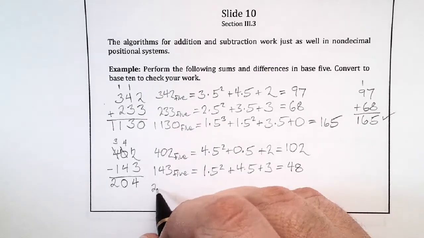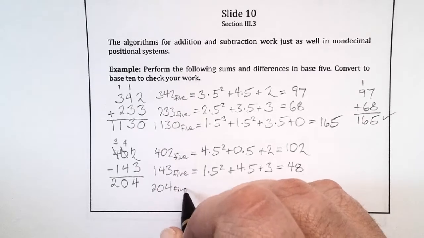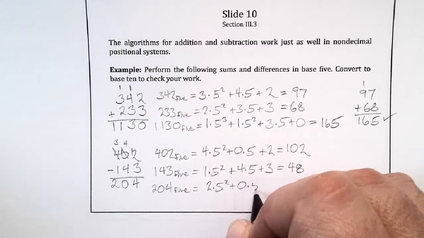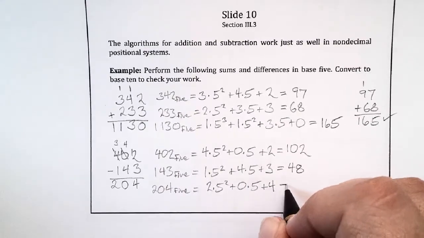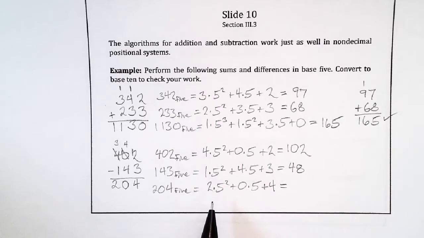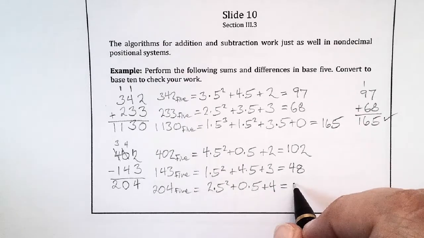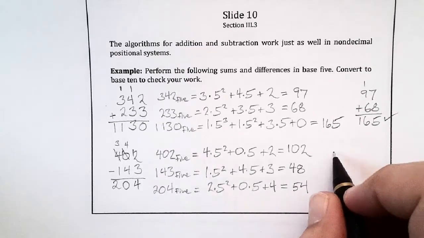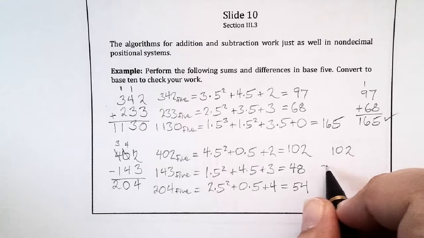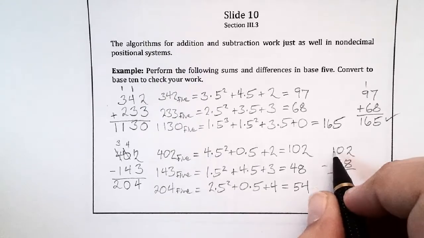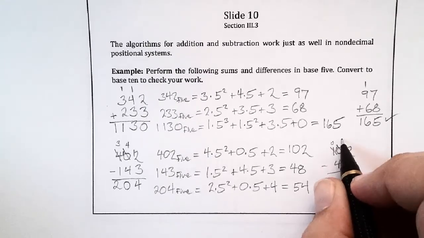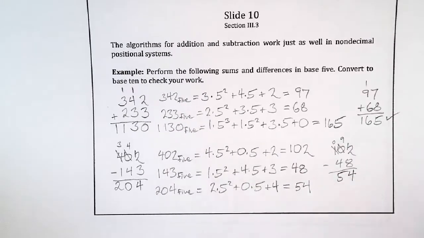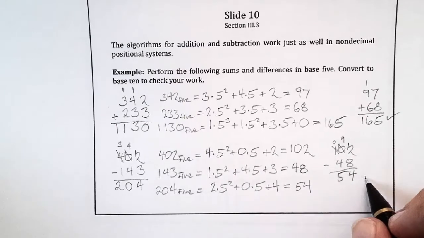And then 204 base 5 is 2 times 5 squared plus 0 times 5 plus 4, which is 50, plus 4 is 54. And now I'll subtract to make sure that we got the right answer. 102 minus 48. We get 54, so our work was correct.